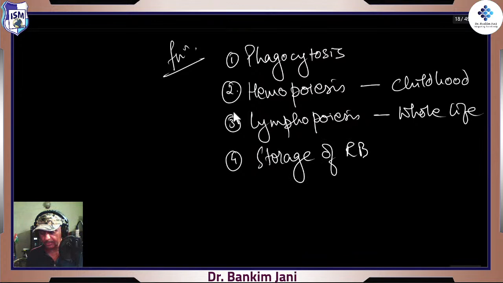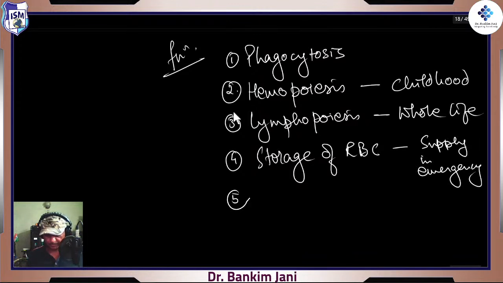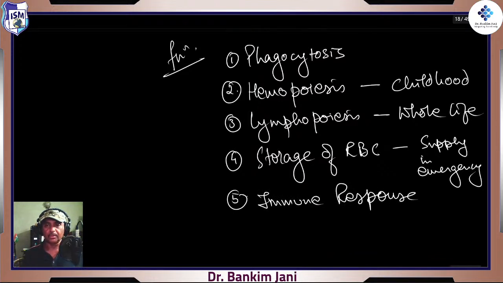So in case there is an emergency, it will be supplying in emergency. And obviously, it is part of the immune response. So these are the classical functions of the spleen.